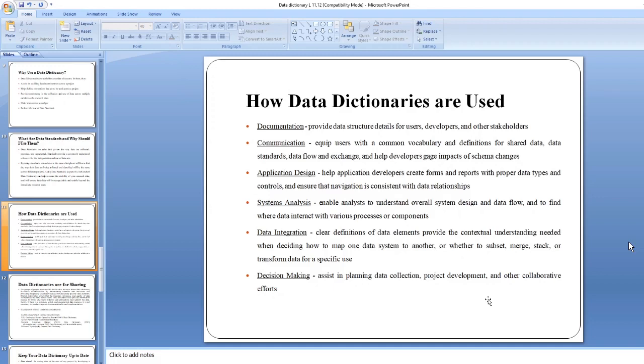Now, and definitions for shared data, okay, which can be shared and which cannot be shared, what should be restricted data, all these things would be defined. Now, data standards, that means the rules would be defined. Data flow means how the data transaction is taking place among the various modules, and exchange, and helps developers gauge impacts of schema changes. Thus, the communication would help us to work on it successfully.